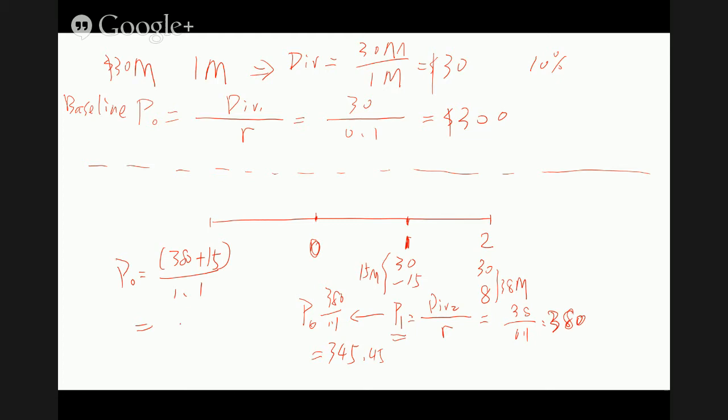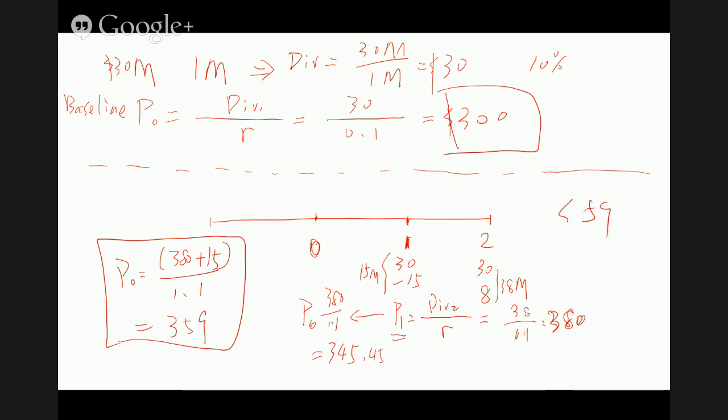So it's 359. So this is our new price, and this is our old price. As you can see, we have about a $59 difference in the stock price. So that's how I tackled this problem.